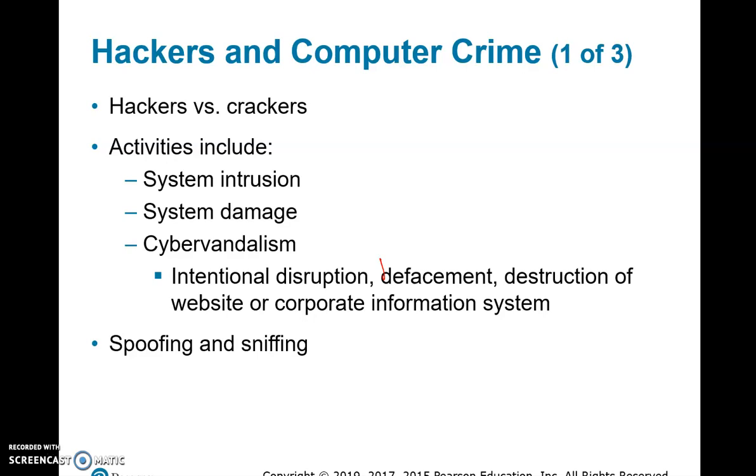Whereas a cracker exploits highly sensitive information and uses those flaws in the security system to his advantage.